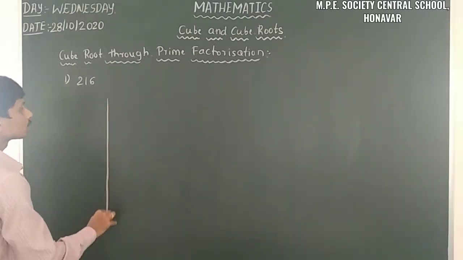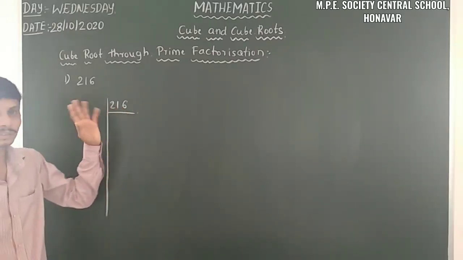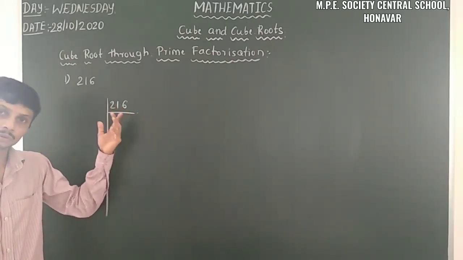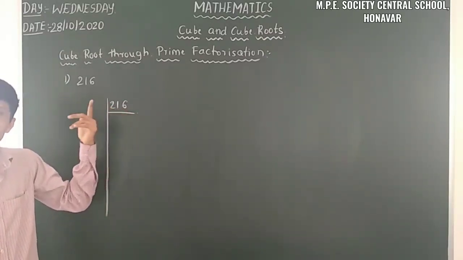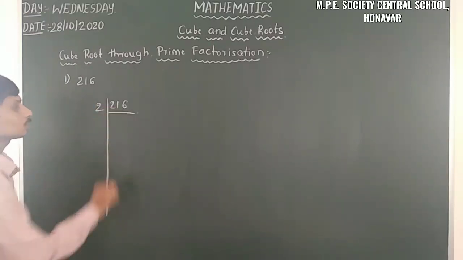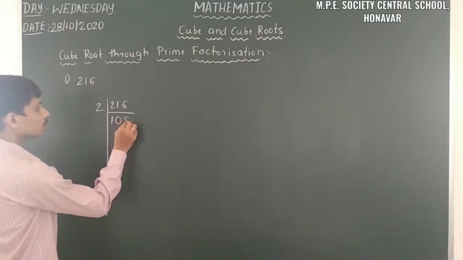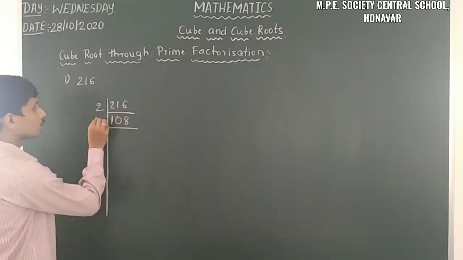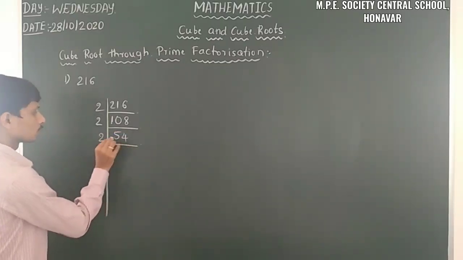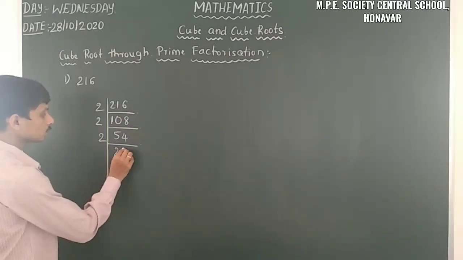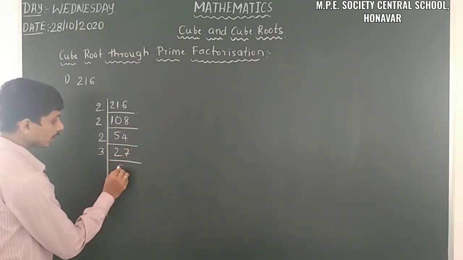So let us take 216. Firstly we can divide with 3 also, we can divide with 2 also. Those two are possible. Initially it is an even number, so we can divide with 2. 2 into 108, 2 into 54, 2 into 27. Then we take 3, 3 into 9.